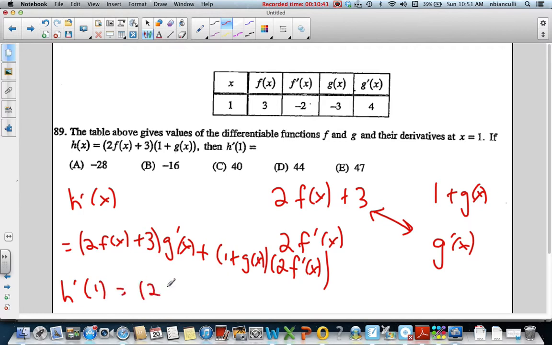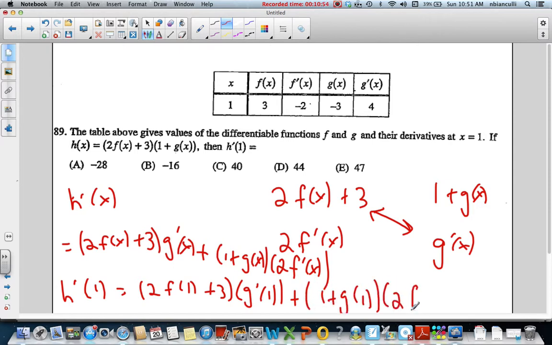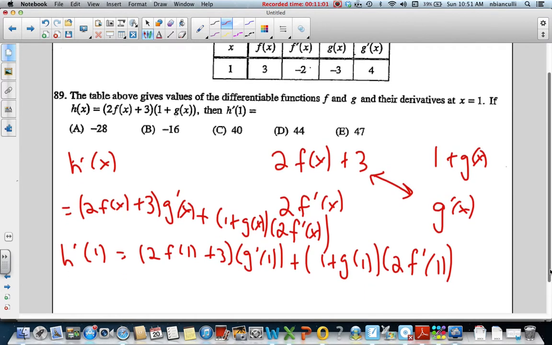So we get 2f of 1 plus 3 times g prime at 1 plus 1 plus g of 1 times 2f prime at 1, which is going to be, let's see if we can do this within limited space here. 2 times f prime at 1.